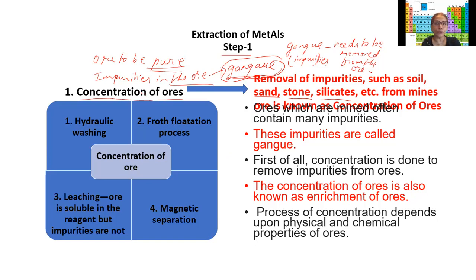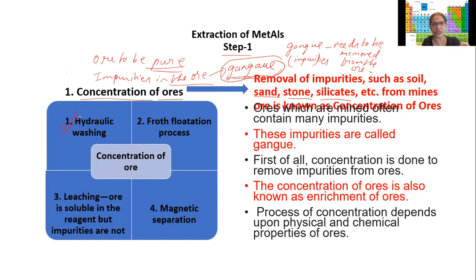You don't need to go into the details of these methods, but you should know what they are. Okay, so one is hydraulic washing. Hydraulic washing is the ore is washed nicely with a strong jet of water. So what happens is all these impurities will be removed with the water and the pure ore remains. Okay, you don't need to go into the details of it.